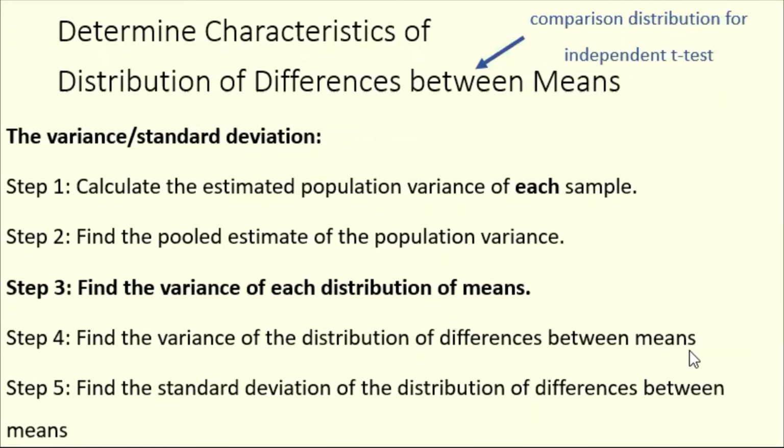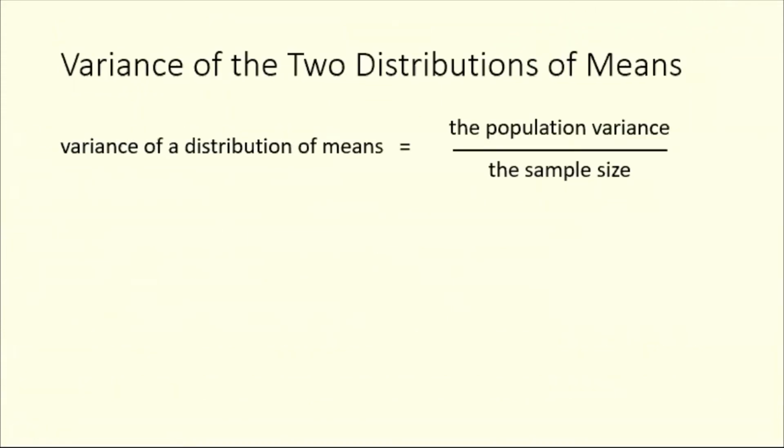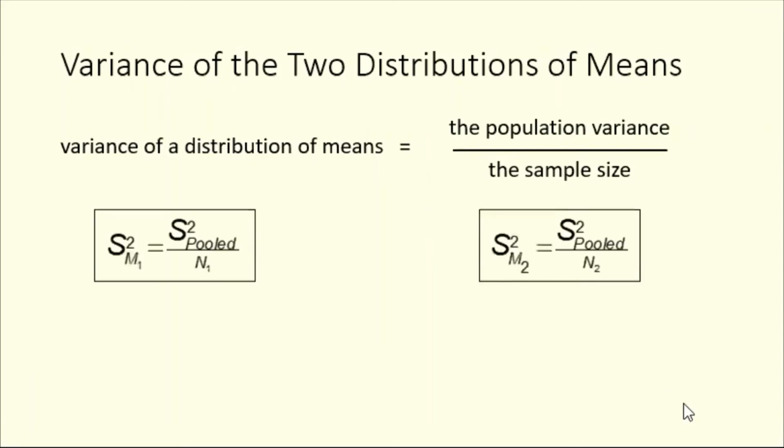And so now we're going to take that and find the variance of each distribution of means. To do that, what we're basically doing here is we're going to take the population variance and divide that by the sample size. And we're going to do this twice. We're going to do this for each of our distribution of means. Particularly, we want to use both of these formulas, and we're just plugging in these numbers here.